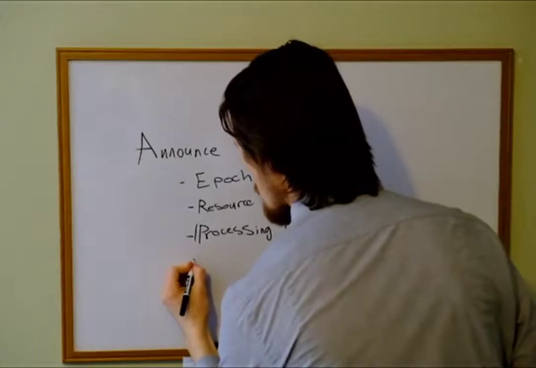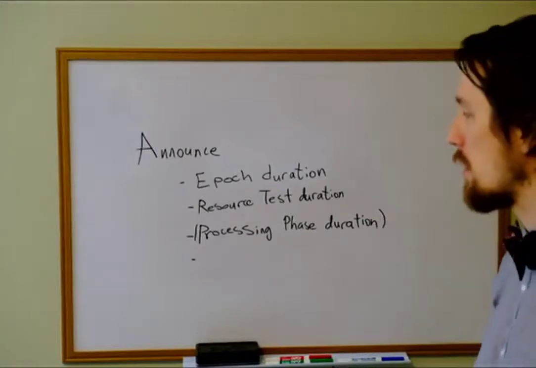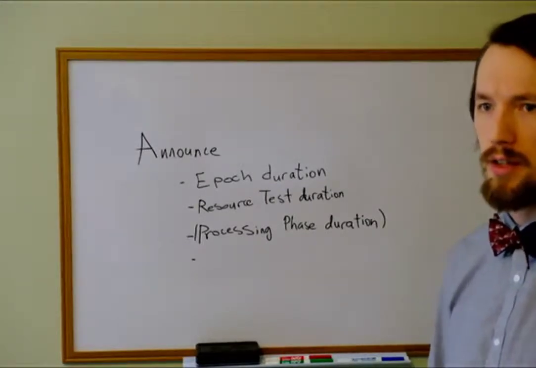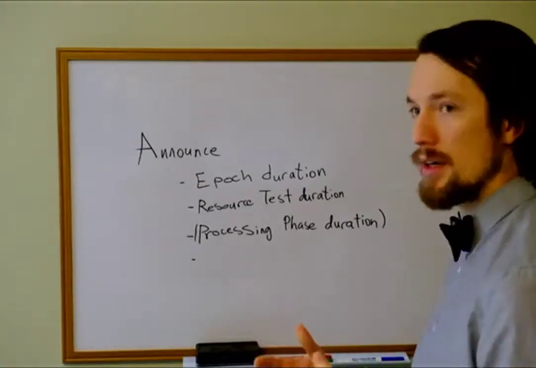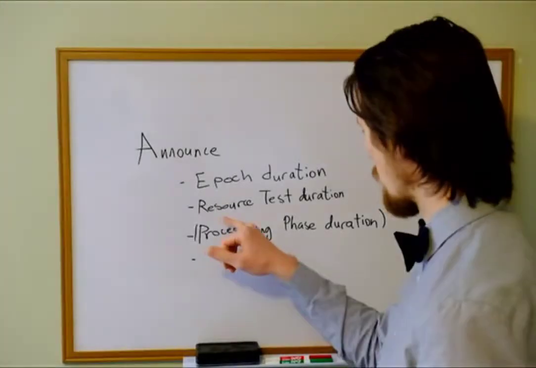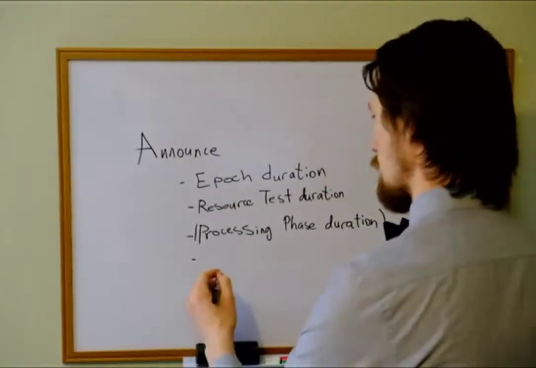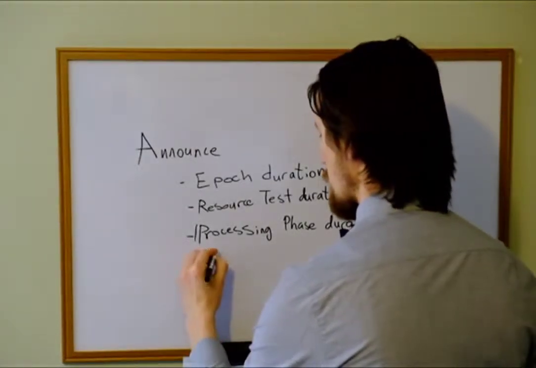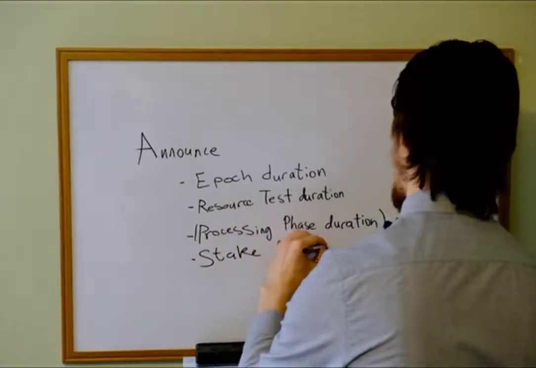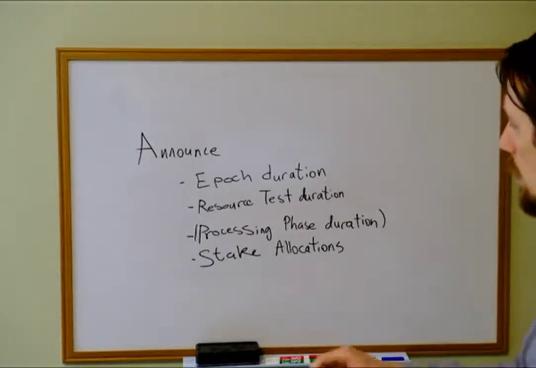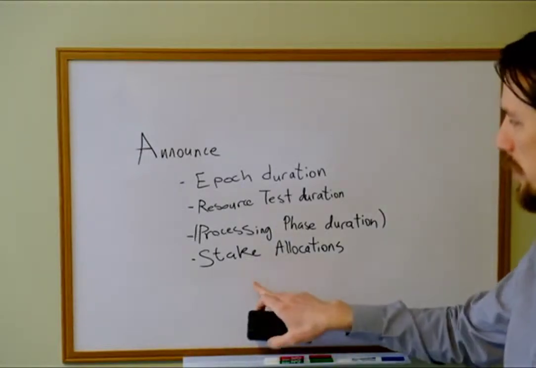Something else that it has in the metadata is a stake allocation in just positive integers to represent a percentage allocation between different types of resource tests. One type of resource that someone might have could be a proof of work. So we'll have stake allocation, and we're going to dive a little bit into stake allocations.